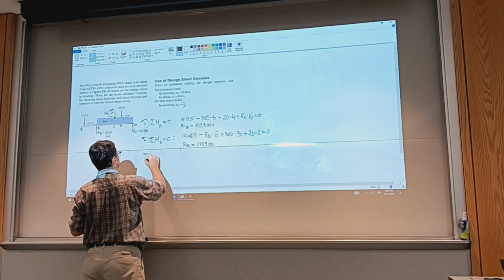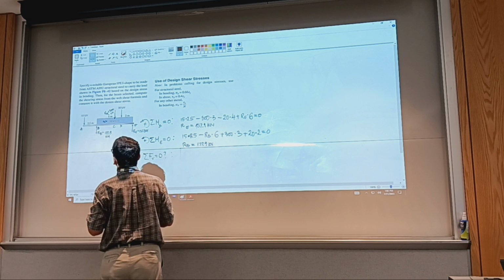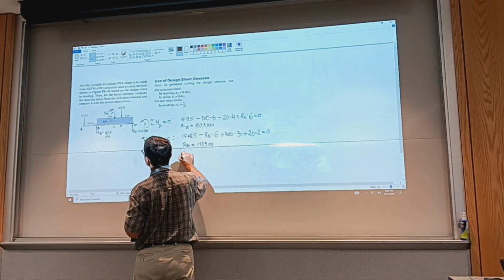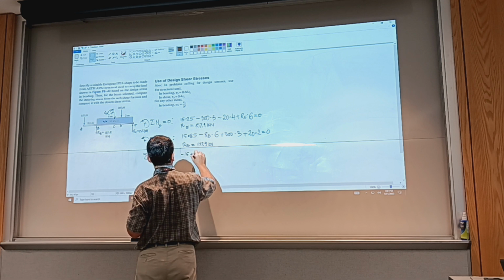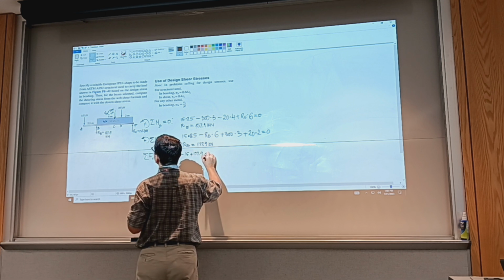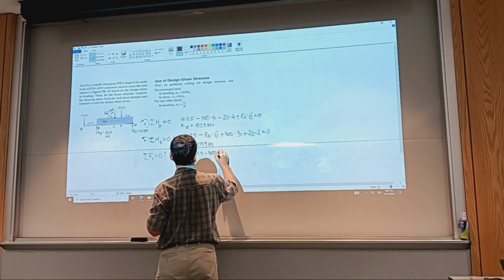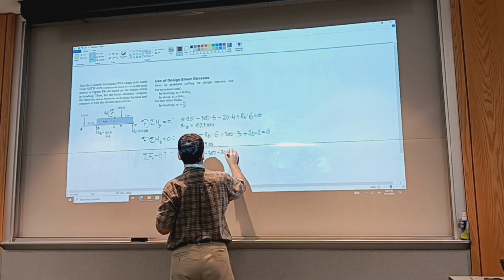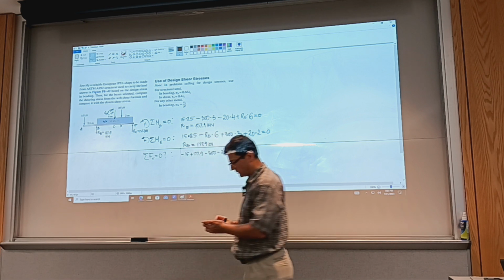So let's verify. Sum of force in the vertical direction is indeed 0. So I could actually write it as negative 15, positive 177.9, negative 300, negative 20, positive 157.1. Is this 0 or very close to 0?